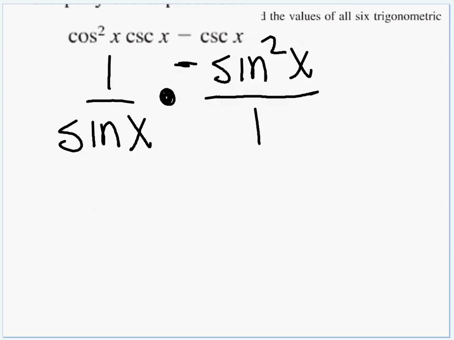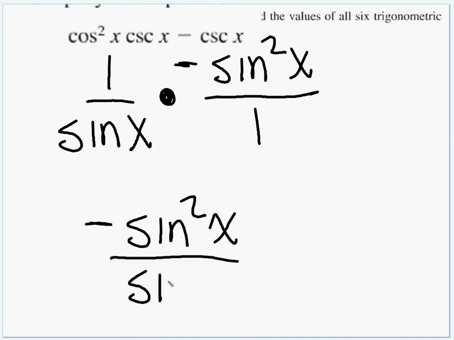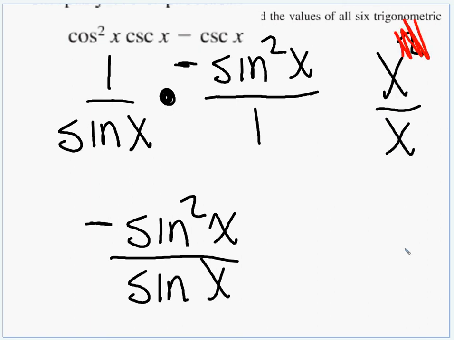We could either cancel right now on the diagonal, or if we multiply straight across, we're going to have negative sine squared over sine. Okay, now think back to algebra. What if you had x squared over x? Well, we could simplify by canceling an x in the numerator and then turning our x in the denominator into a 1. So that would simplify down to just x.